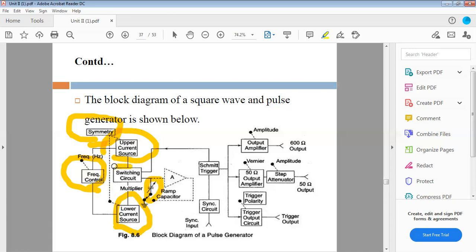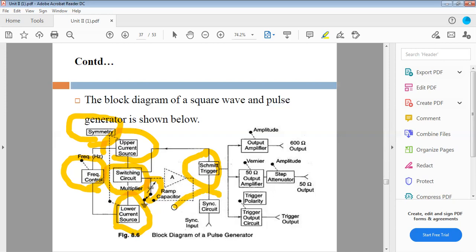We also have a switching circuit. This switching circuit connects the ramp capacitor either to the upper constant current source or to the lower constant current source. Next, we have a Schmitt trigger. Based on the charging and discharging of the ramp capacitor, the Schmitt trigger changes its output from low to high state or high to low state.